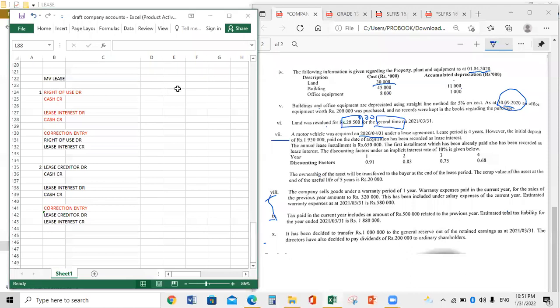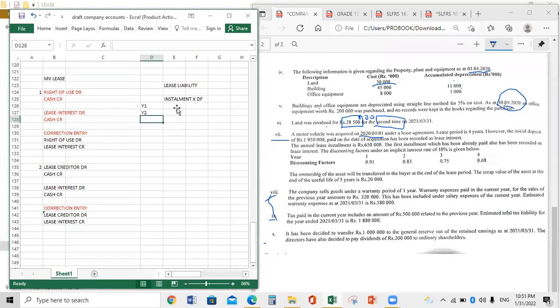So let's do a working to get the lease liability. You should take the cash flow, which is the installment, and multiply it by the discount factor. How many years? 4 years: year 1, year 2, year 3, year 4.